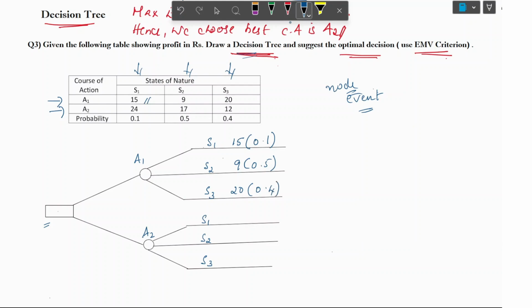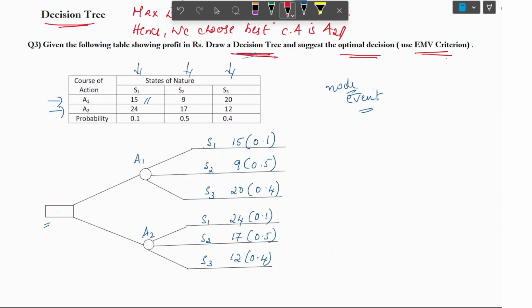The same thing you repeat for A2: 24 with 0.1, 17 with 0.5, and 12 with 0.4.